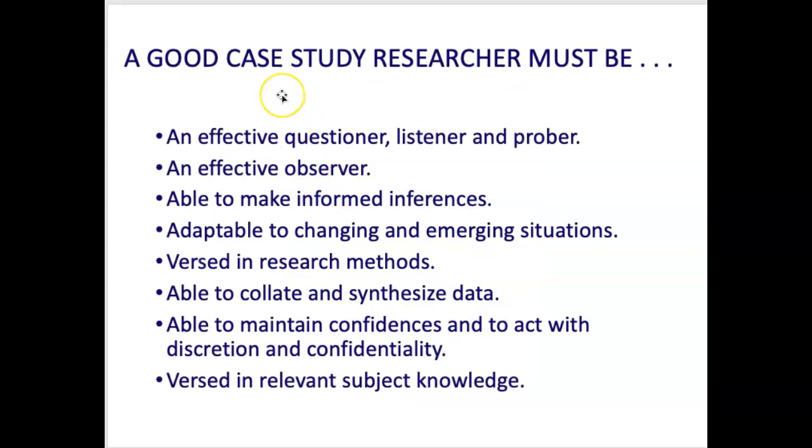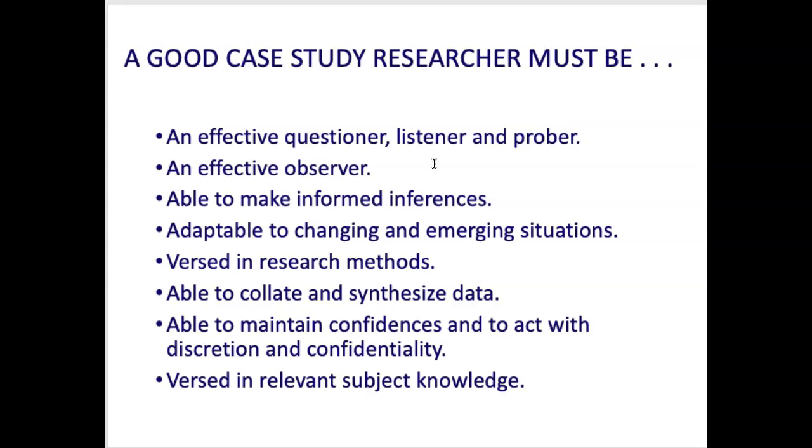Now, to have a successful case study, it's very important that the researcher has a number of qualities and a number of methods in their toolkit. So I put down, to be an effective listener and questioner is very important. To be an effective observer, to watch things really carefully.